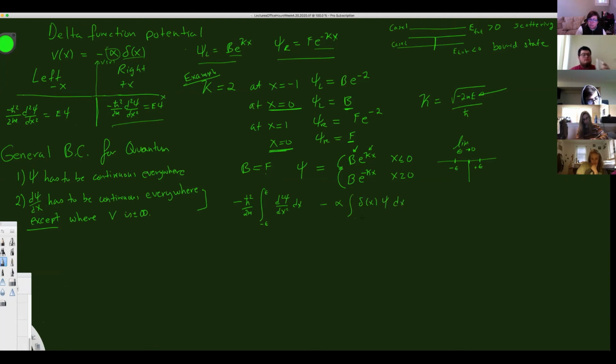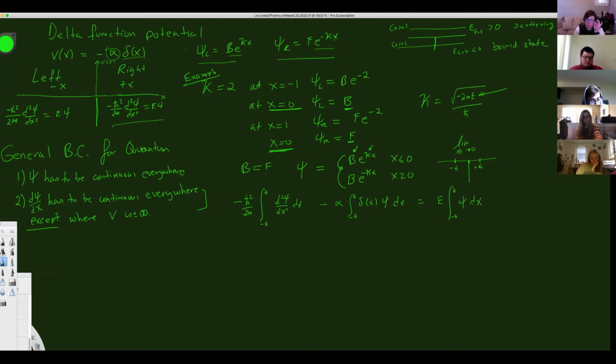This is literally the next term in the TISE, from minus epsilon to epsilon. And that's all equal to the integral of E psi, right? So E can come out of the integral as well, from minus epsilon to epsilon of just psi dx.